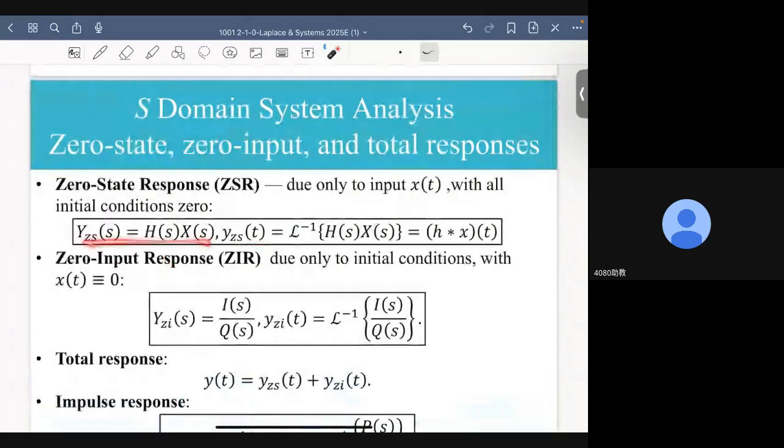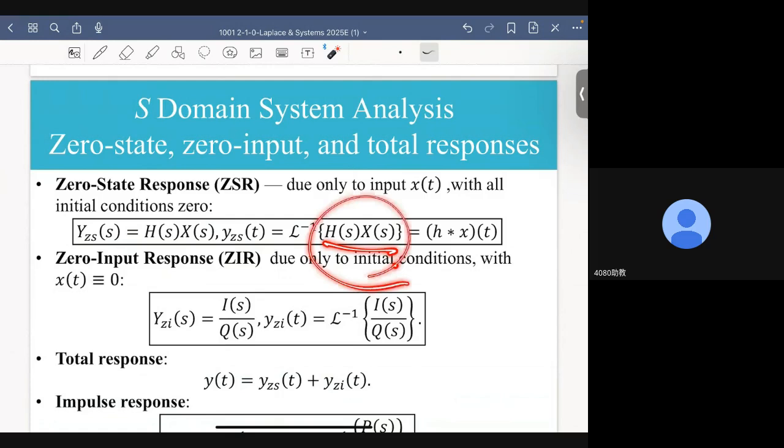Okay, but again, the true goal here is to determine the output in the time domain. Why? Because that is what is really happening. So what we need to do is take the inverse Laplace transform. What will we get?